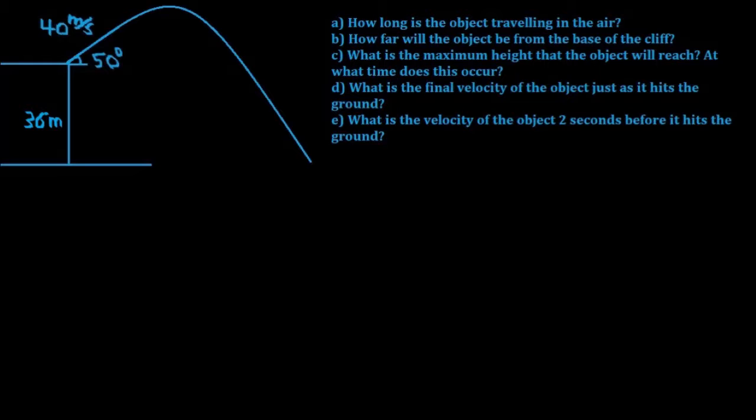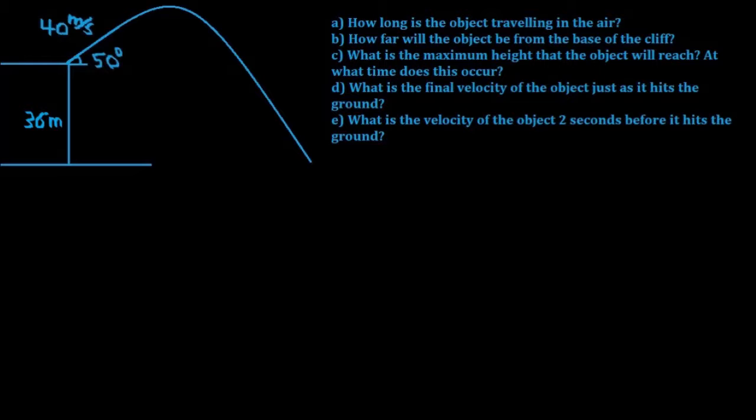So how long will the object be in the air, and how far, as in horizontally, how will it be displaced from the base of the cliff, and what is the height that the object will reach, and what time does this occur, and so on. We have questions all the way from A to E. Okay, so we're going to go through each of them.